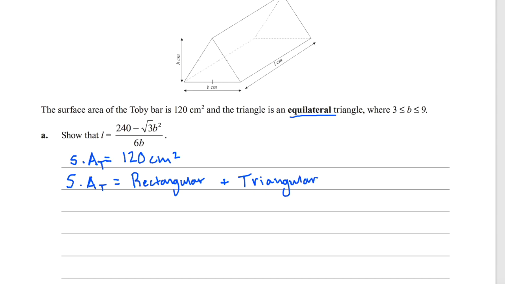Okay, so now we need to work out what the sum of the rectangular parts is. What I mean by this is one rectangle here.